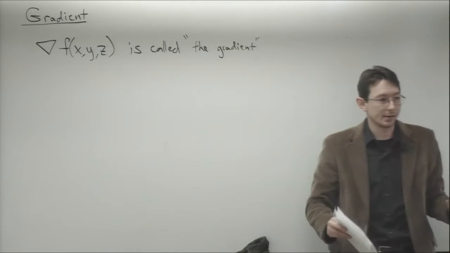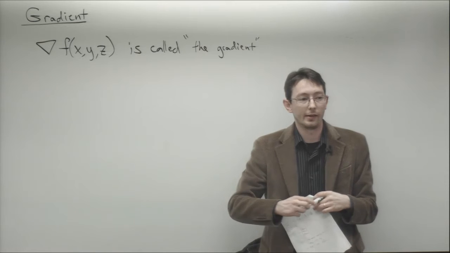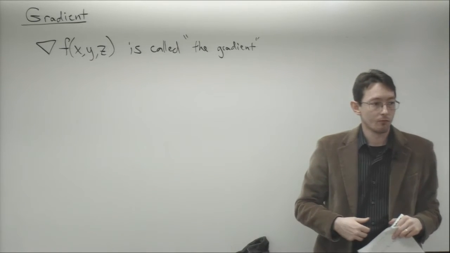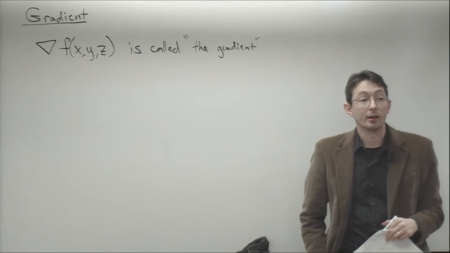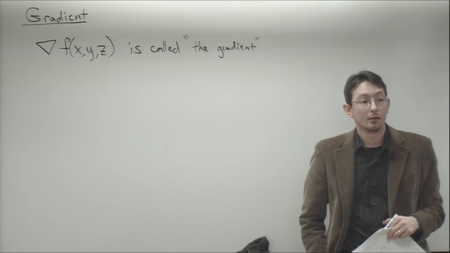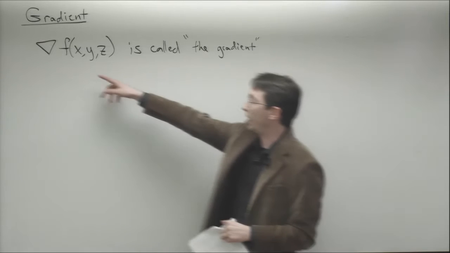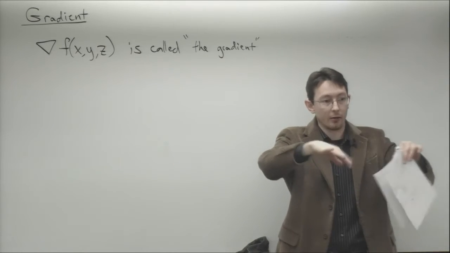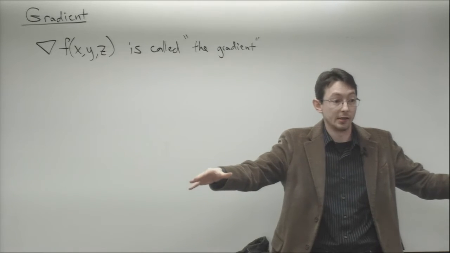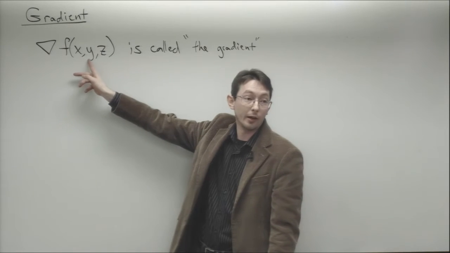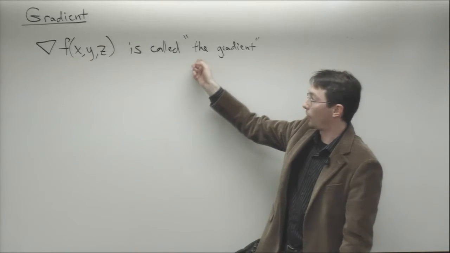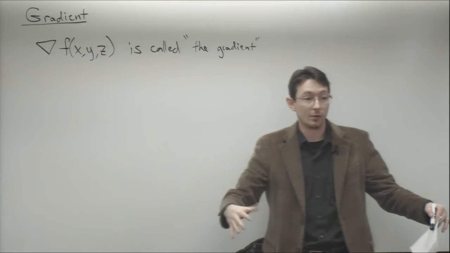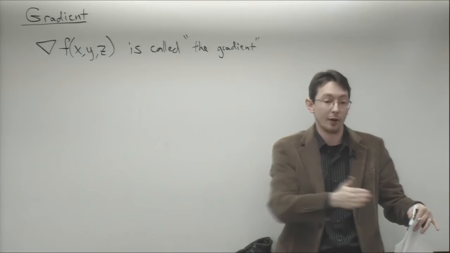Does anyone know why this is called the gradient? Why this is a good name? Yeah, exactly. If I thought of f as a contour map, like maybe this is the topography of Washington State, and the coordinates were just x and y, then this gradient would be how steep that contour surface was, how steep the mountains are in the x and the y directions.